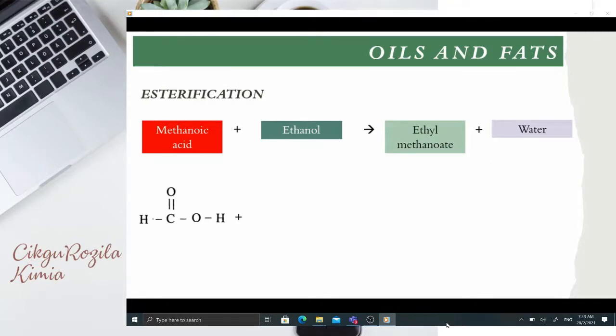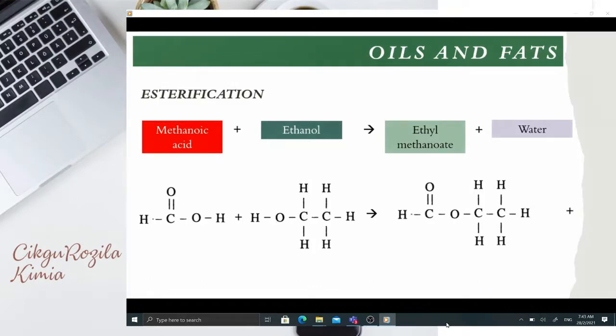So if we look at this flow chart or equation, we know that the ester is produced between alcohol and carboxylic acid. Remember, alcohol will lose its hydrogen while carboxylic acid will lose its OH part.